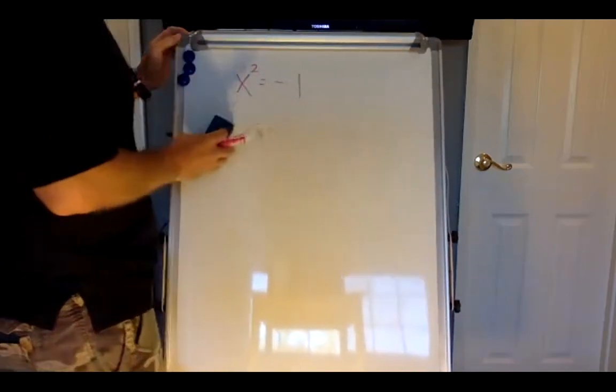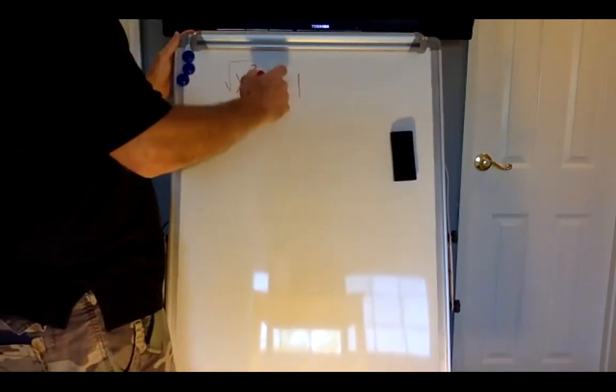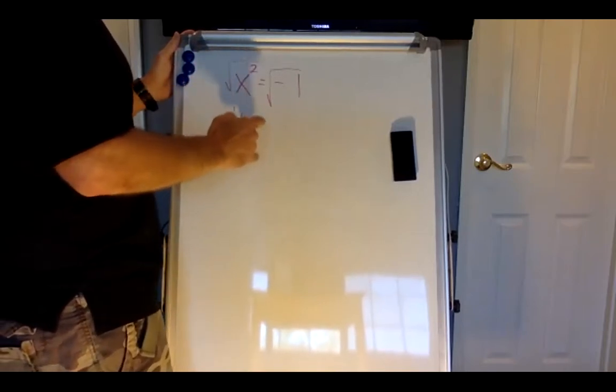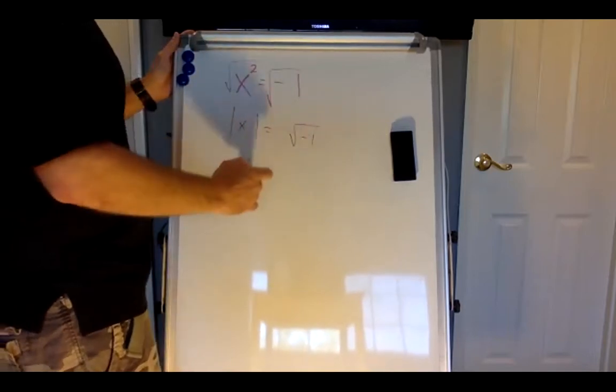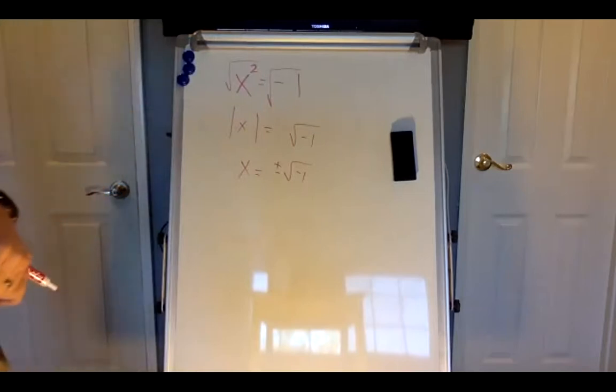But here's a problem that we're going to get. Let's say you take the square root of both sides. Now the square root of x squared is the absolute value of x, right? And so x could be plus or minus this. That's not what you're going to see the way that they teach it, and there are going to be other problems too.